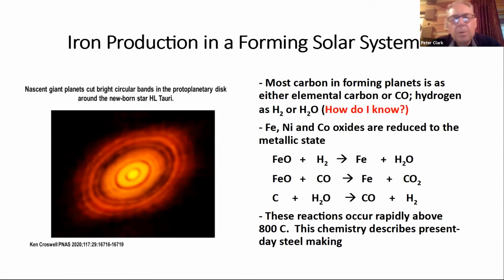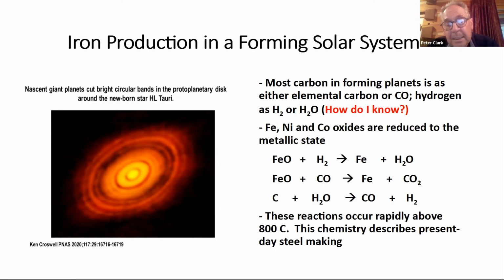Okay, so iron then is formed in the set of reactions shown in this slide. Iron oxide, which I've represented very simply as just FeO, can react with hydrogen to make metallic iron and water. Iron oxide is also reduced by carbon monoxide to metallic iron, and it produces carbon dioxide.